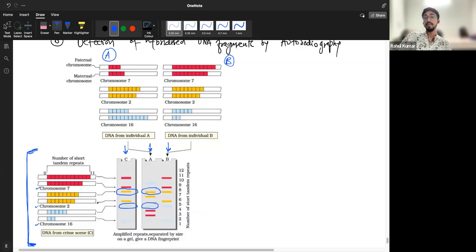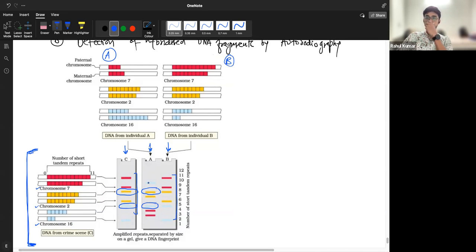Yeah. So we need more regions. If someone just took chromosome number 7 and 2 and this region, then what will happen? You may wrongly convict A also, right? So you need to see that multiple regions have the same similarity. See, this is exactly the same as B, right?